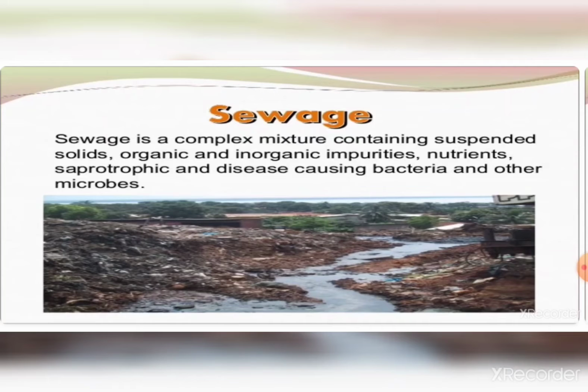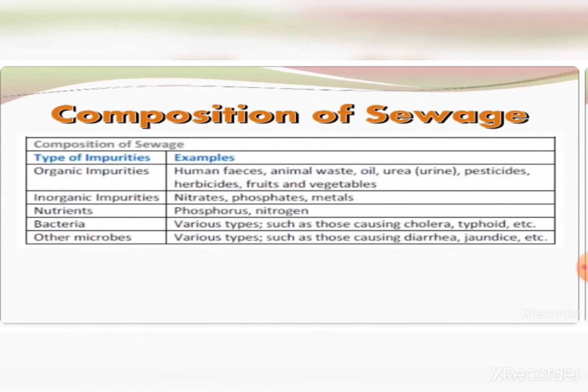Sewage is a complex mixture containing suspended solids, organic and inorganic impurities, nutrients, saprotrophic and disease-causing bacteria and other microbes. Composition of sewage. It contains various impurities which are organic, inorganic, nutrients, some kinds of bacteria and microbes.